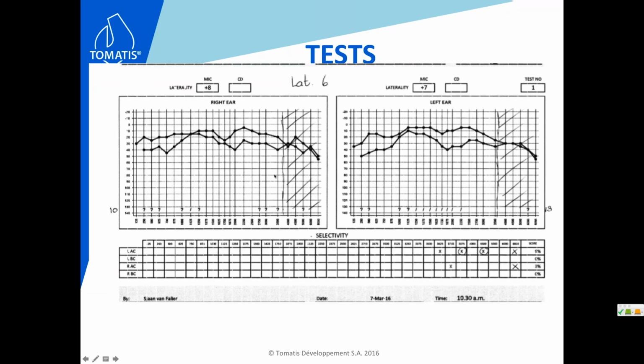Even if you don't have the documents, can you just tell us what you can see on this test? Yeah, I've got the documents here. I see in the right ear a flat curve, which is going steeply down at the end in the higher frequencies.